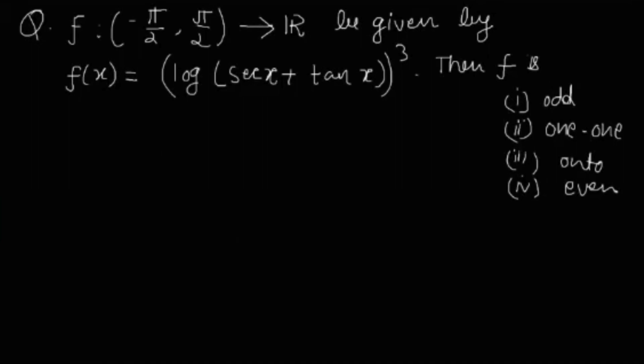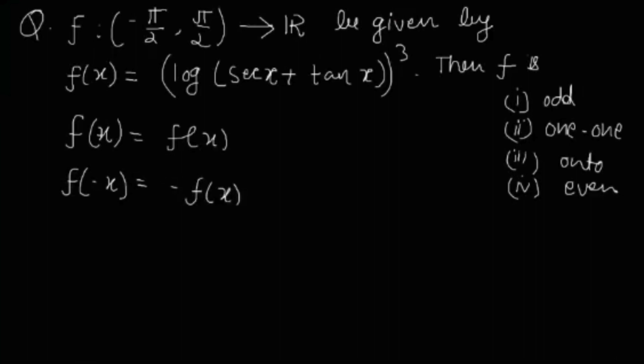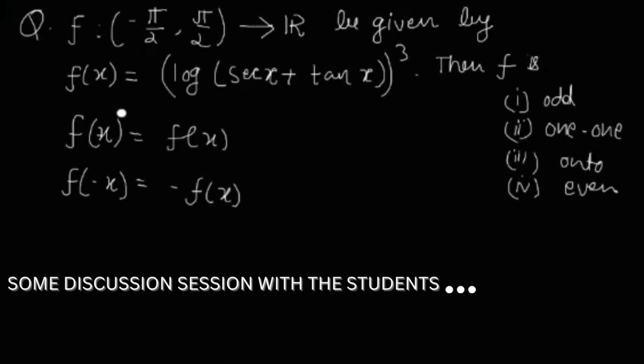So, let's check out the odd-even thing. First thing is, can a function be both odd and even? f of minus x equals f of x is the criterion for even, and f of minus x equals minus f of x is the criterion for odd.